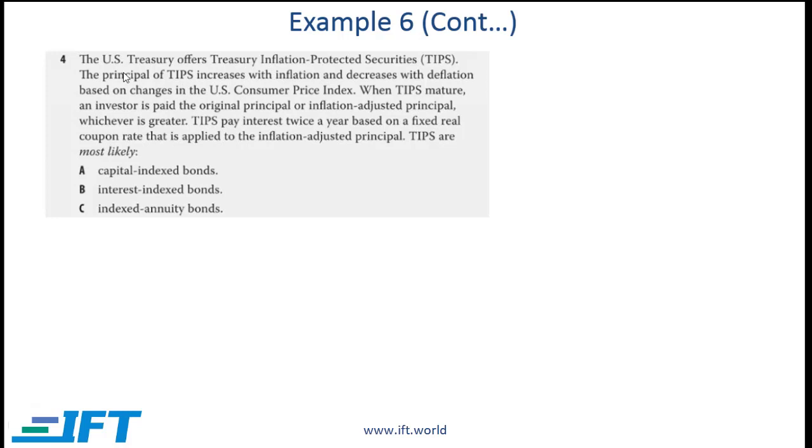So I've mentioned this before. The US Treasury offers Treasury Inflation Protected Securities, or TIPS. The principal of TIPS increases with inflation and decreases with deflation based on changes in the US Consumer Price Index. When TIPS mature, an investor is paid the original principal or inflation adjusted principal, whichever is greater.